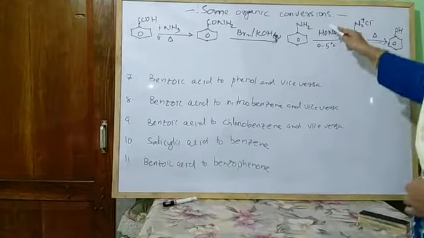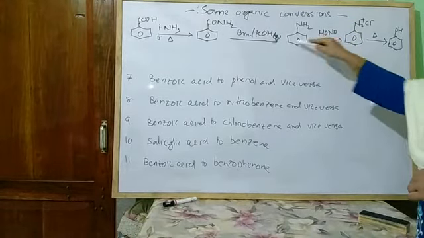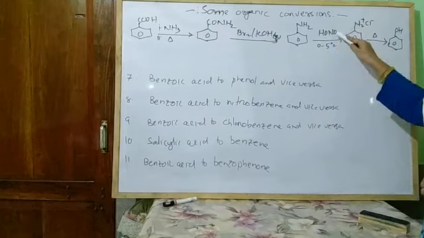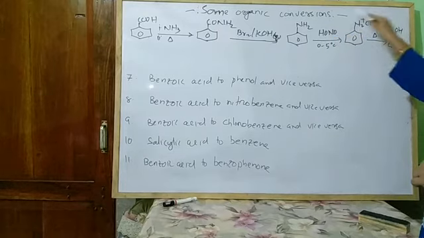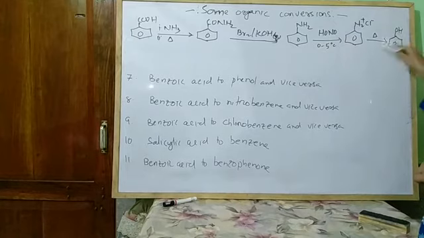So here, when aniline is treated with this nitrous acid at 0 to 5 degrees, first it forms benzene diazonium chloride, which on heating in acid medium generally forms phenol.